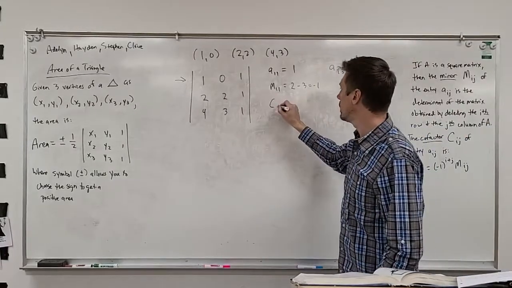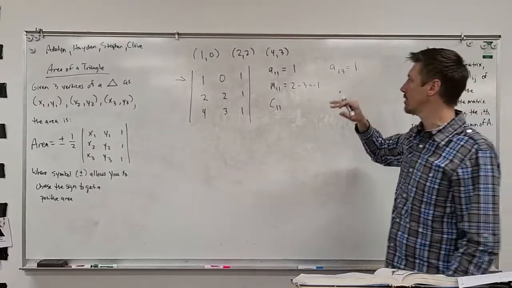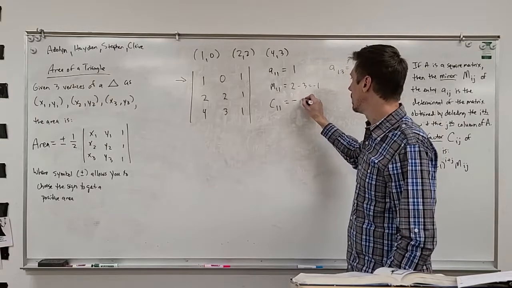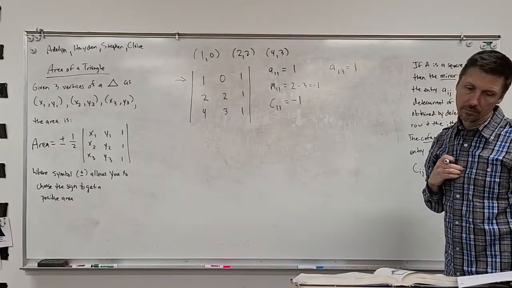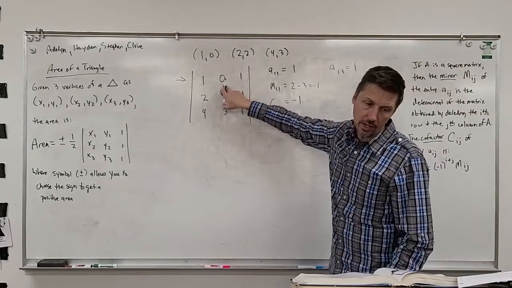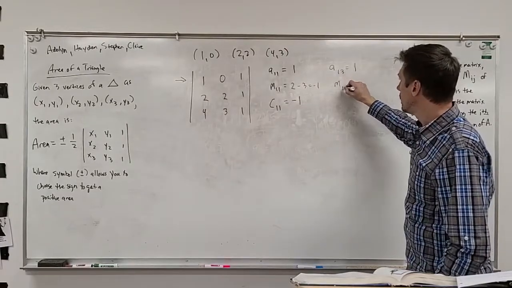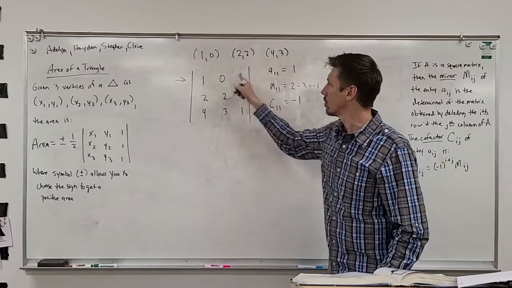And so C11, if we remember, starts with a plus in the top left of our matrix. In other words, the sign doesn't flip. So C is going to be the same sign. Okay? Don't have to worry about this middle term, because this is going to go away since there's a 0 there. So let's think about A13. M13, that means we're going to cross this column out, we're going to cross this row out.